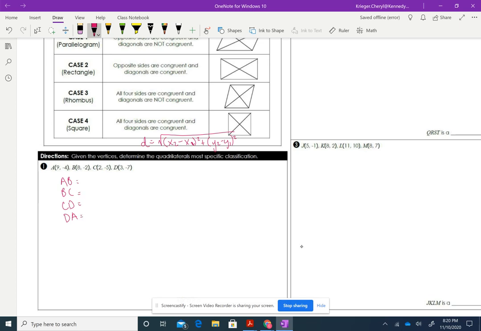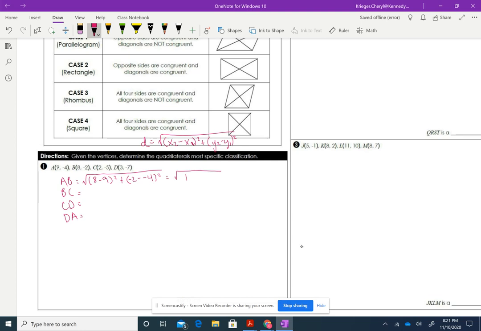So here we go. We have the distance formula 4 times. So we are going to plug in to the formula my values, x2 minus x1 squared plus y2 minus y1 squared. 8 minus 9 is negative 1.